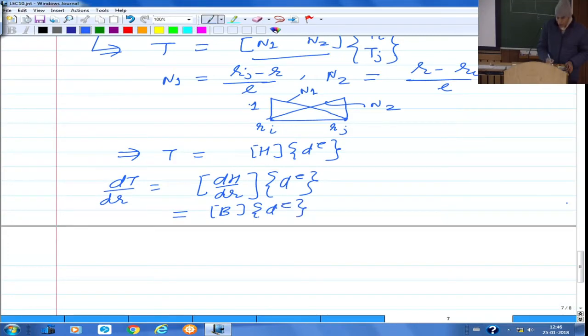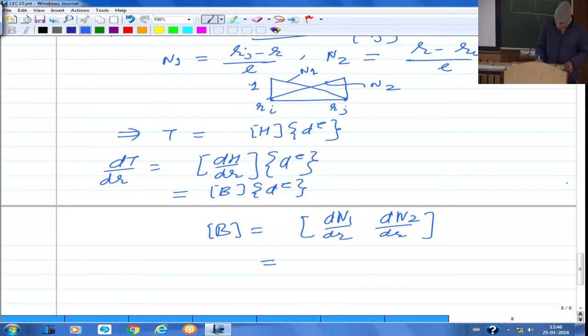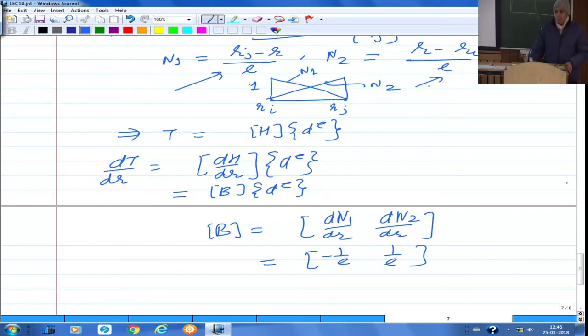So we can call this B into dE, where B is nothing but dN1 by dr and dN2 by dr. If you substitute the shape functions we just got, this is going to be minus 1 by L and plus 1 by L. These shape functions we have written are exactly the same as what we did for the rod element, truss element, whatever derivations we did.